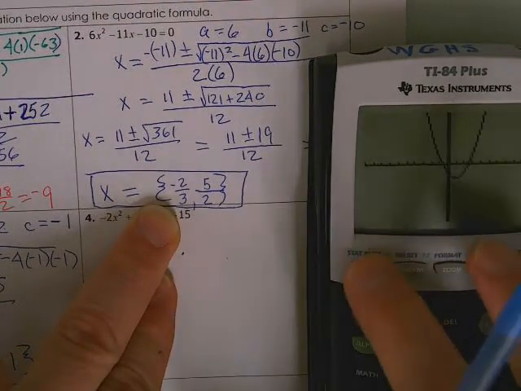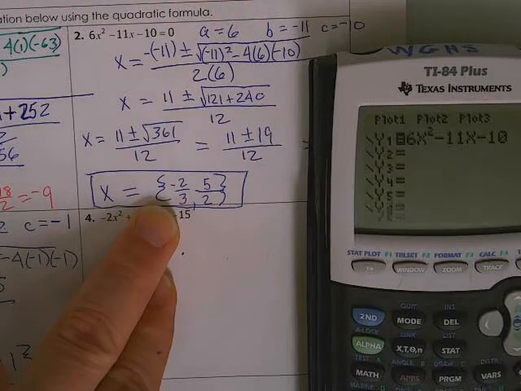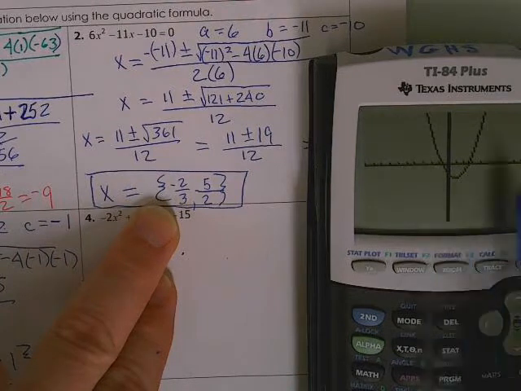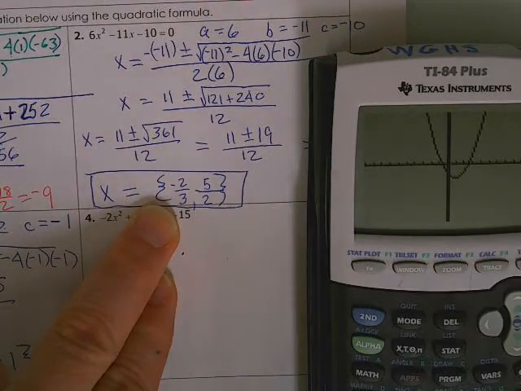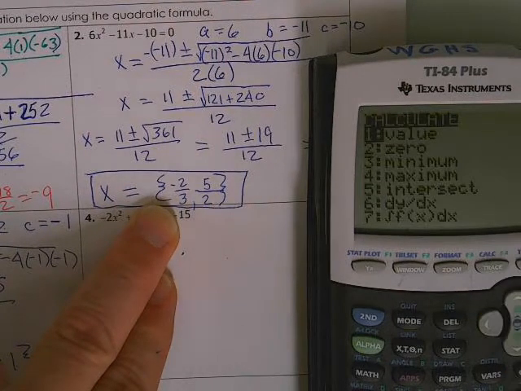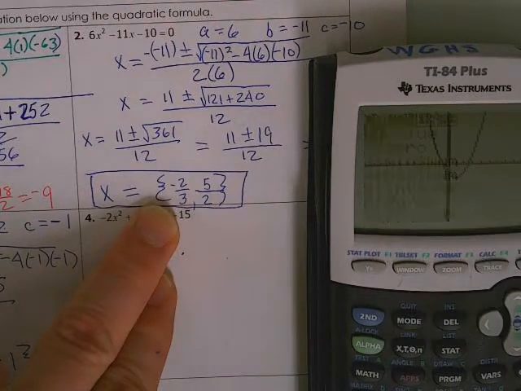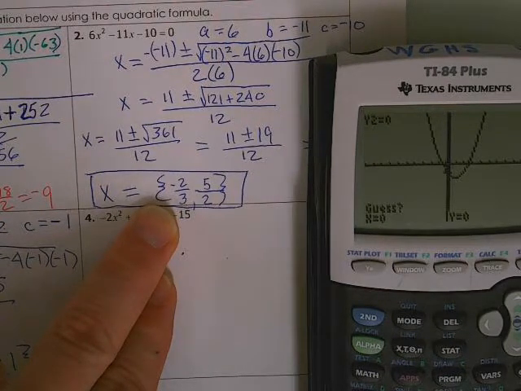There is another solution. If we were graphing to solve this, we'd graph y equals 0 as well. That would put a horizontal line here on the x-axis, and then we can see where they intersect. Second trace, intersect.